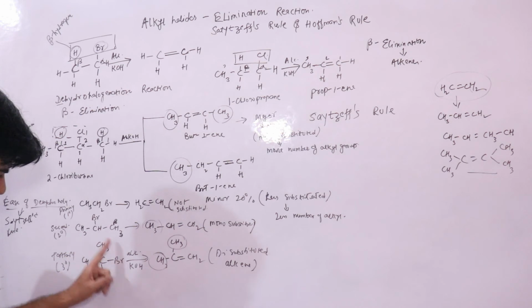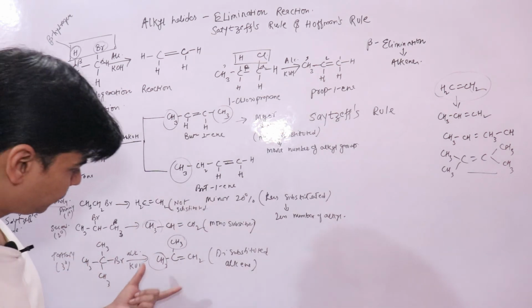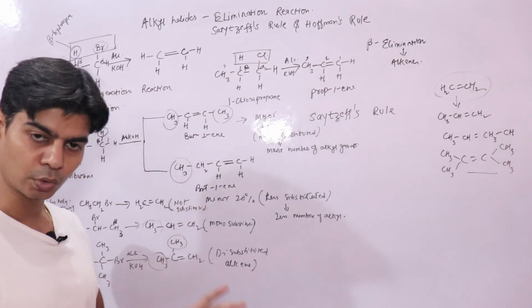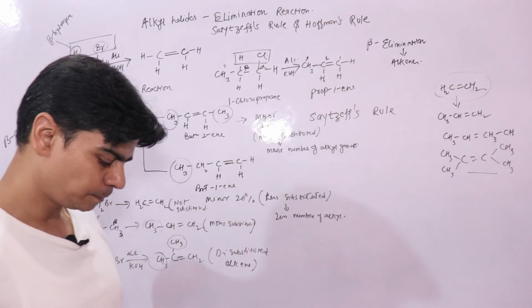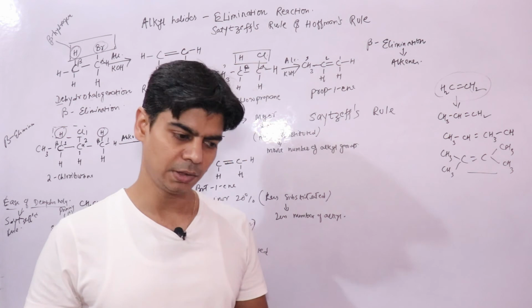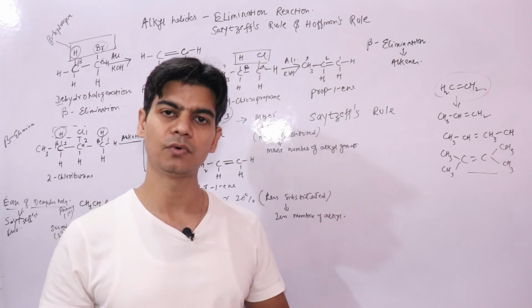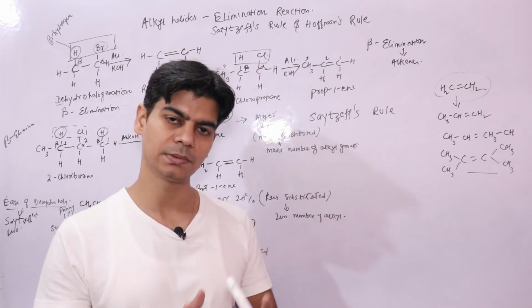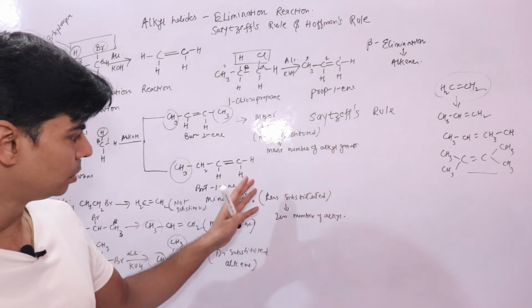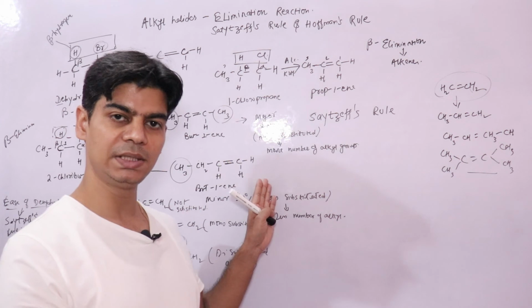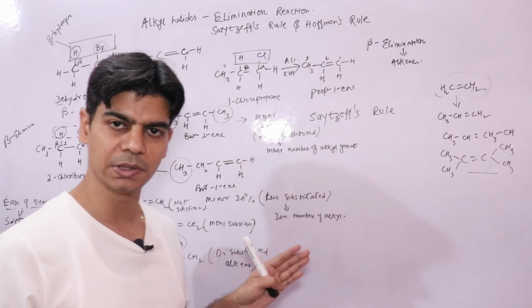And tertiary halides are forming alkenes that are more substituted, right? So as per Saytzeff's rule, alkenes that are more substituted would be formed in major quantity. Why? Because substituted alkenes are more stable compared to alkenes that are not substituted or less substituted, right?